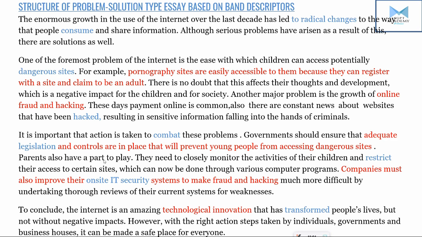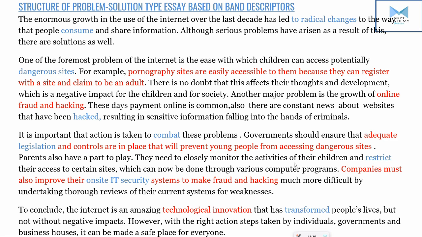Parents also have a part to play. They need to closely monitor the activities of their children and restrict their access to certain sites. So this is one parental solution, showing how parents can have control over their children's activities, which can now be done through various computer programs.